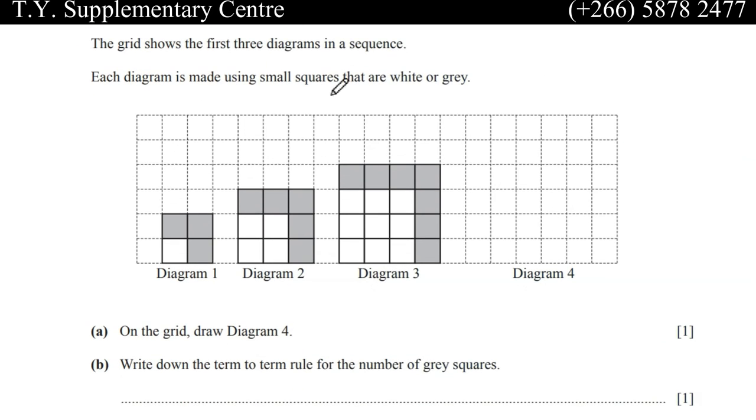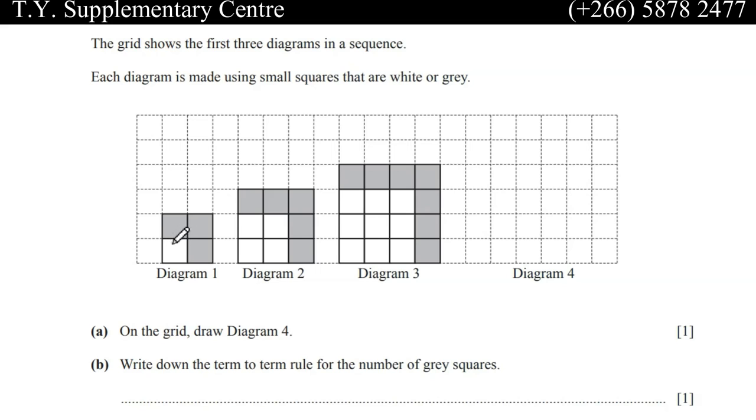So we're told that the grid shows the first 3 diagrams in a sequence, and each diagram is made using small squares that are white or gray. So these are the diagrams which form this particular sequence. The first question says, on the grid draw diagram 4.